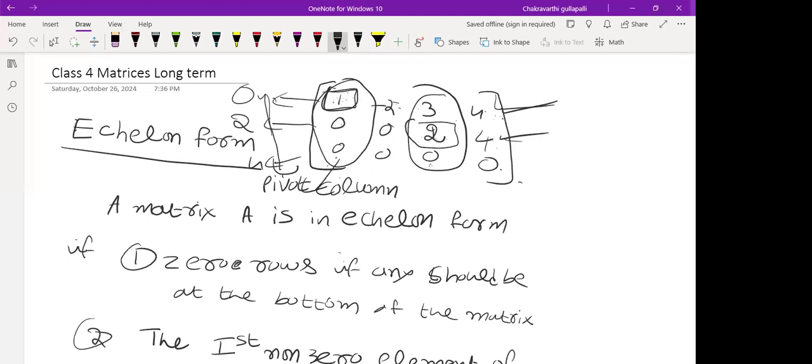So how many non-zero rows? 2 non-zero rows. Some zeros, some non-zeros mixed, it is called a non-zero row. Everything zero, then it is a zero row. If there are some non-zero elements in a row, then it is called a non-zero row. So how many non-zero rows? 2. So what is the rank of the matrix? 2. Is it clear? Did I answer your question?